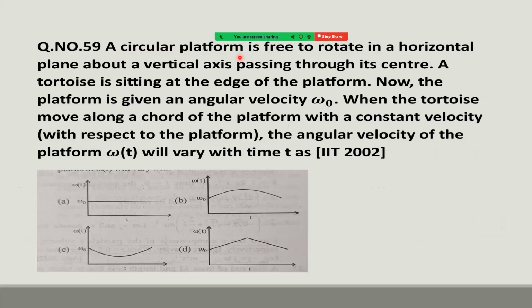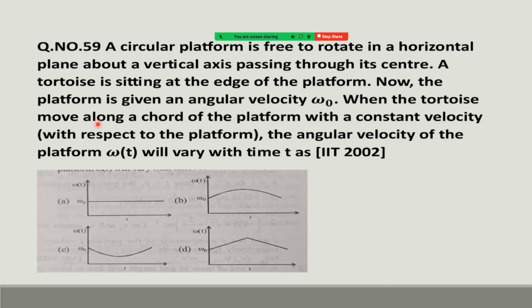A circular platform is free to rotate in a horizontal plane about a vertical axis passing through its center. Given a circular platform, or we can take it as a disk, a tortoise is sitting at the edge of the platform. Now, the platform is given an angular velocity omega naught.